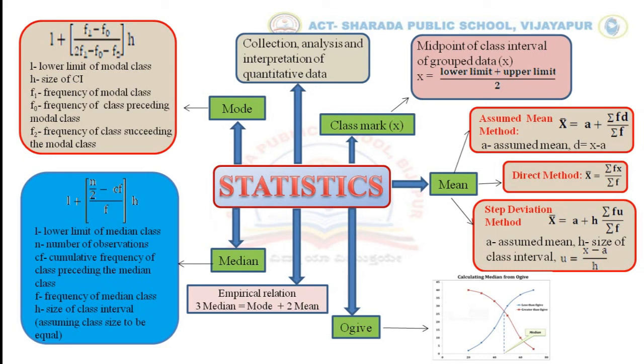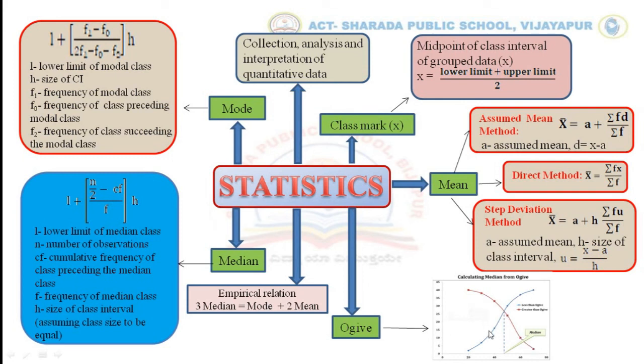there are two ways. One is the less than ogive curve, which is shown here. This is the less than ogive curve, which is shown in the blue color, and one is the greater than ogive, which is shown in the red color.